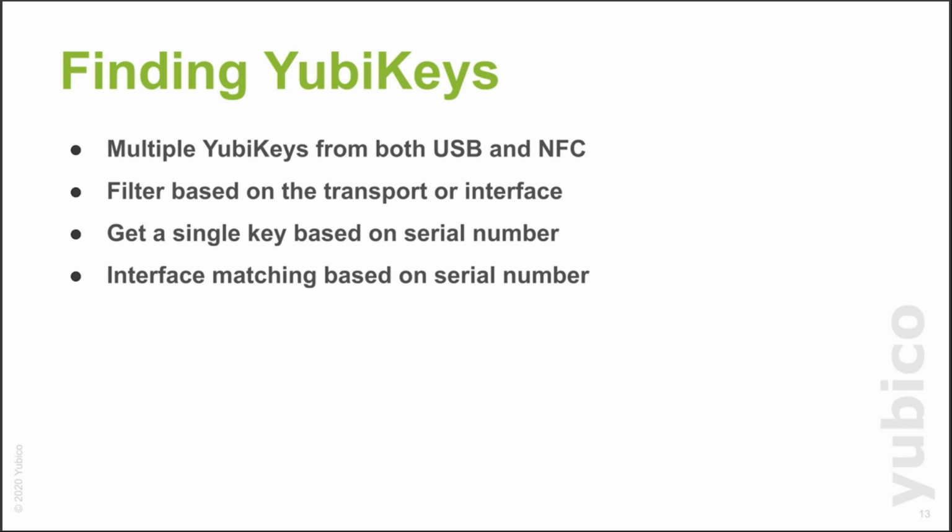This is only possible if the YubiKey has the serial number visible. If the serial number is not visible, the SDK will not be able to match devices and will instead show three different YubiKey device objects. This might be another reason for you to use the findByTransport method in the case where you know how you want to interact with the YubiKey.